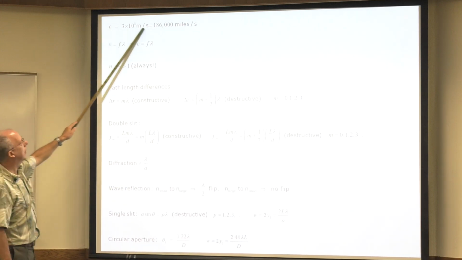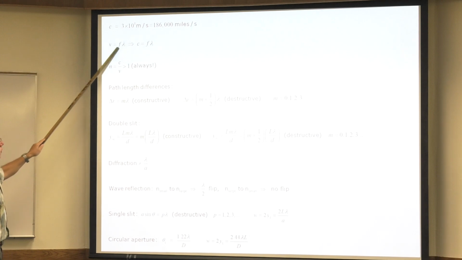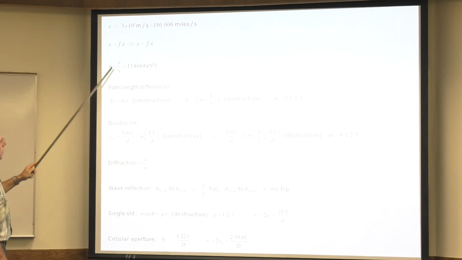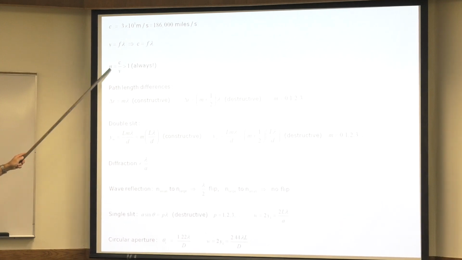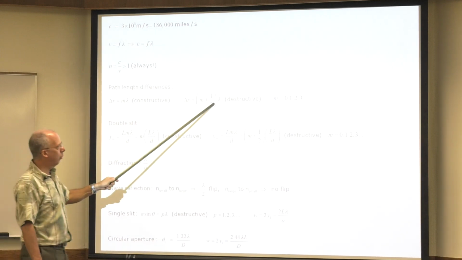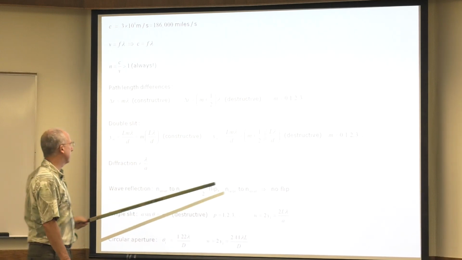Speed of light. We learned this before, but we're talking about light, so we put c instead of v. Index of refraction: v is always less than c, so this number is always greater than 1. Path length differences: m lambda constructive, m plus a half lambda destructive.